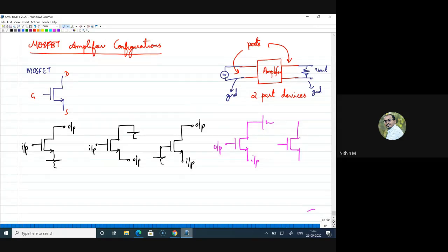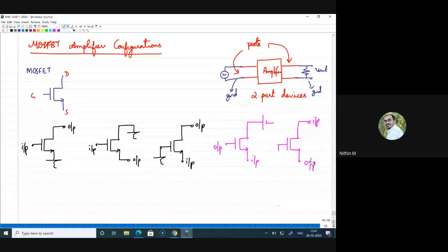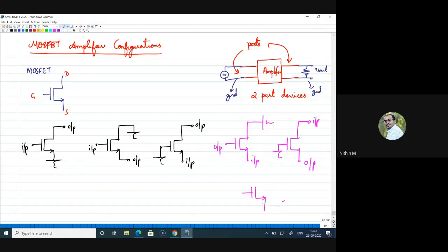So what is left is this, where I can apply input to the drain, and I can take output from the source by keeping this common. So input to drain, output from here. Or one more last can be input here, output here, and this as common, right?